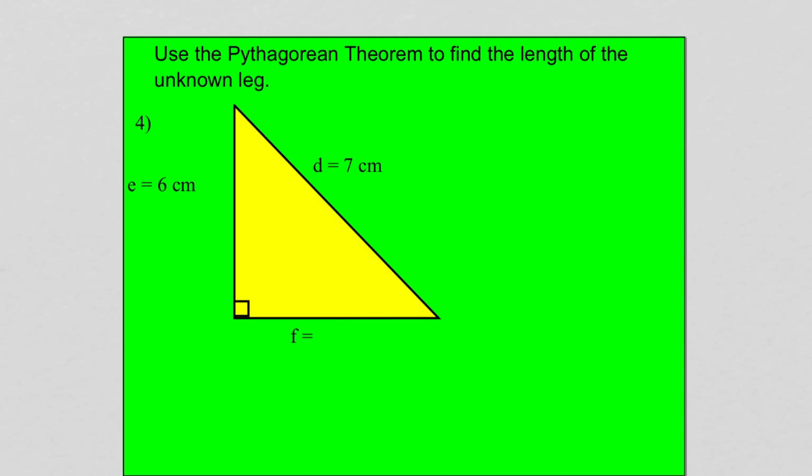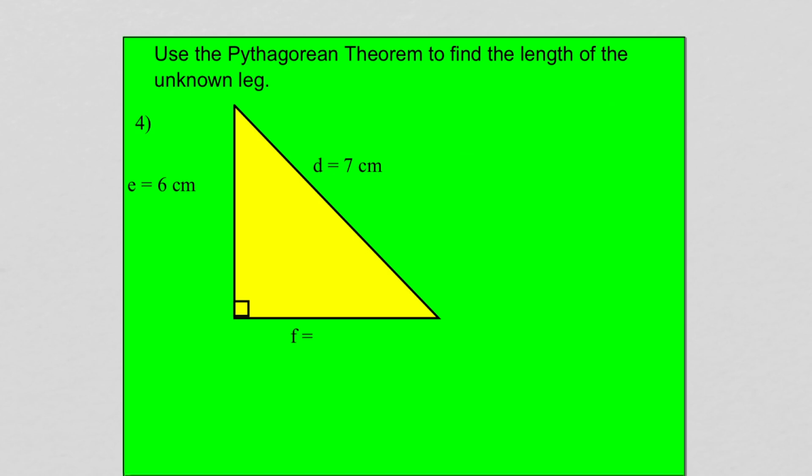This is a common mistake kids make. They will automatically do this. They'll say f squared equals 6 squared plus 7 squared. But that's not what the Pythagorean theorem says. The Pythagorean theorem says this leg squared plus this leg squared equals the hypotenuse squared. So the way we're going to want to write it in this case is not that.